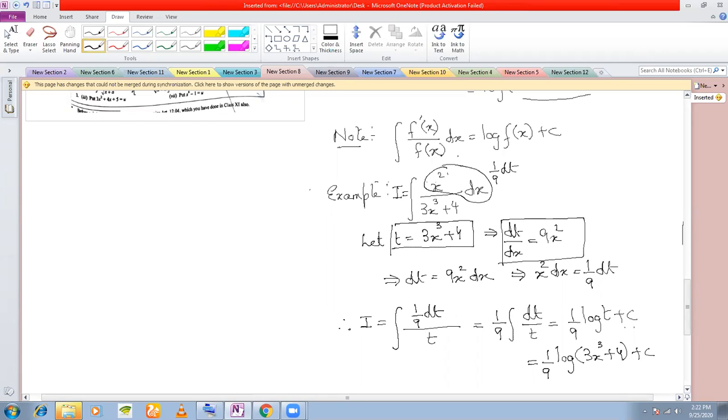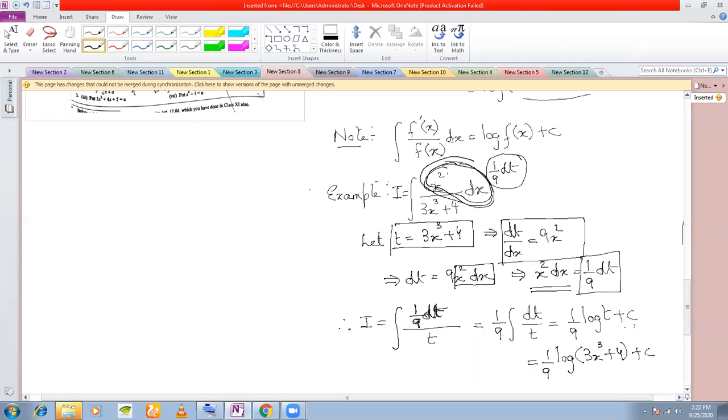In the next step, what I see in the numerator here is I have an x square into dx, right? So I separate x square into dx. What is my value of x square into dx? It is 1/9 of dt, right? So this part x square into dx becomes 1/9 dt. So I simply replace this by 1/9 dt. Did you understand? Yes, sir.